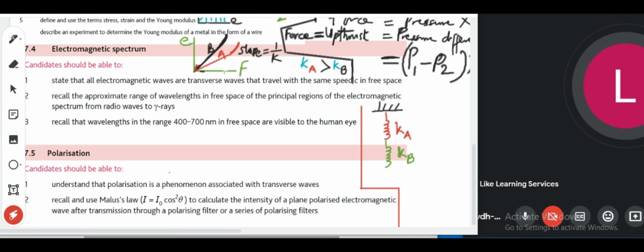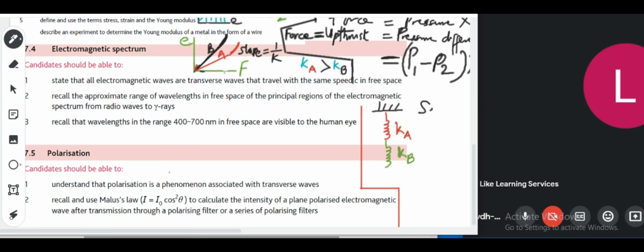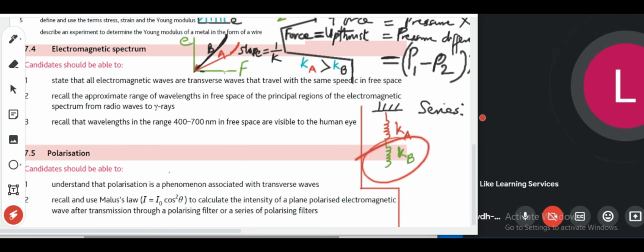The first string has a spring constant of Ka, the one in red. The second string has a spring constant of Kb, the one in green, connected in series. That's end to end. This is series. Or end to end, one end to another end.